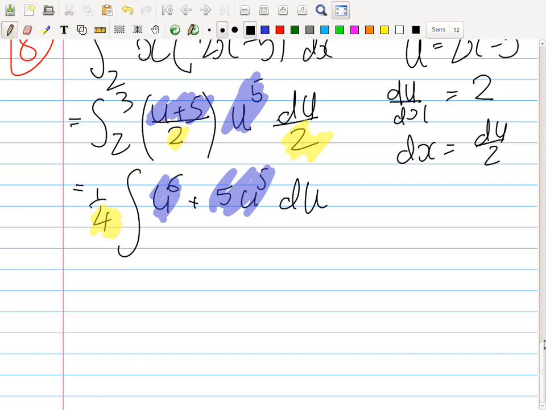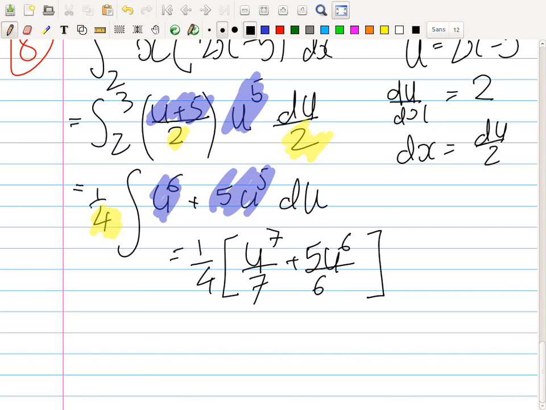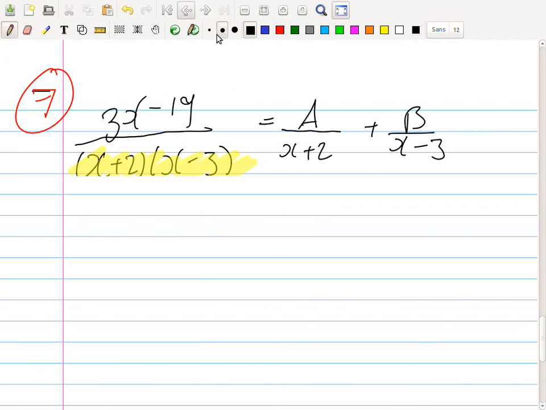Now I can do the integration. It's 1 over 4 times u to the power 7 over 7 plus 5u to the power 6 over 6.